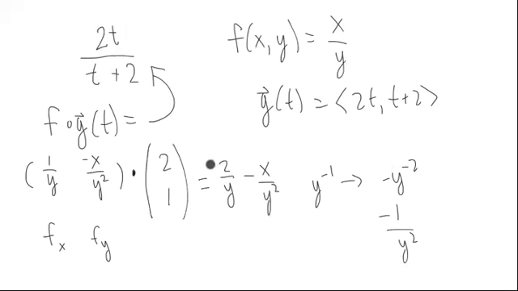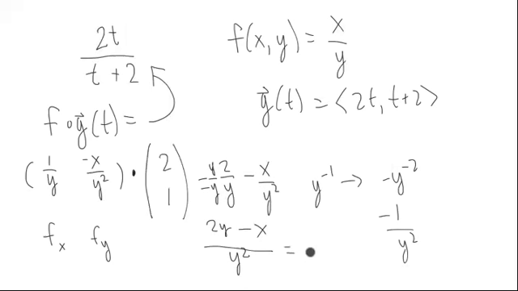Then if we multiplied this by y over y, and combined, we'd actually see the quotient rule in action: 2y minus x, and we take the bottom squared. In fact, in some sense, this is kind of nice. Let's throw our t's back in to really see this.